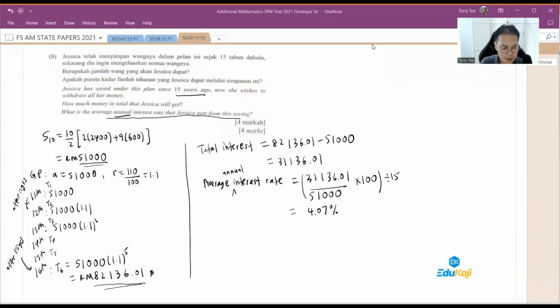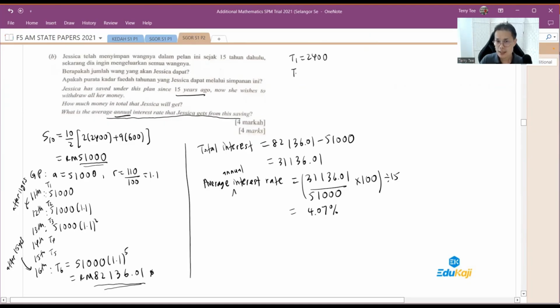Okay, so I just want to give you a bit of disclaimer on why this question is kind of confusing to some people. When she put the money, she actually started off putting 2,400 in the first year. In the second year, you keep adding another amount. So if you're using compound interest to find the annual average interest rate, this will be increased by R. Then she put in another amount, sorry, you increase the amount to 3,000.